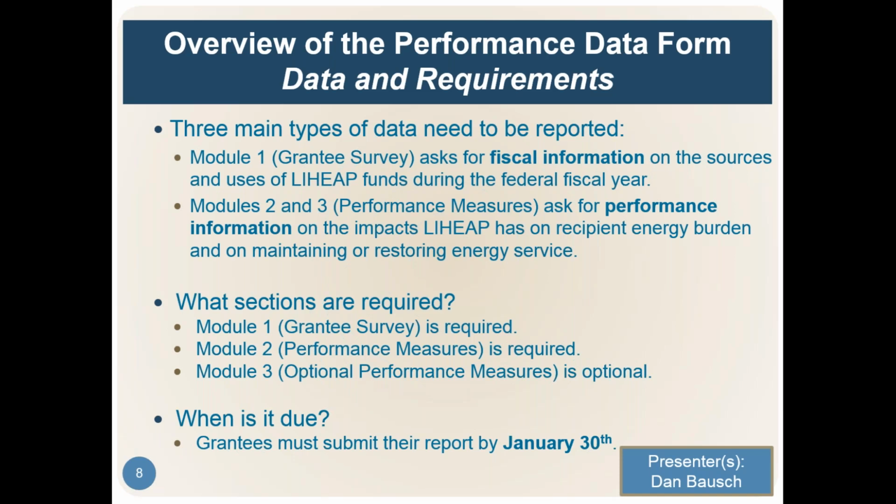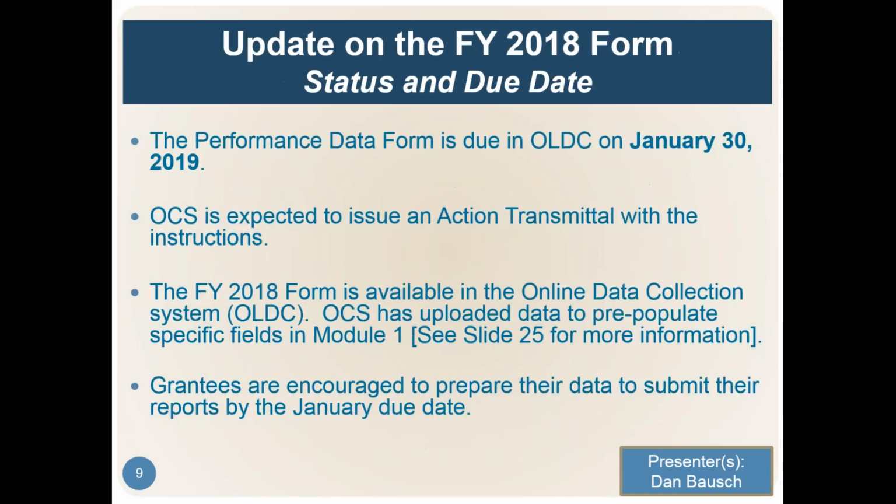So the 2018 LIHEAP performance data form is going to be due in OLDC by January 30th of 2019. And here's an update on the status. As I just mentioned, it's going to be due on January 30th. OCS is expected to issue an action transmittal with the official instructions.